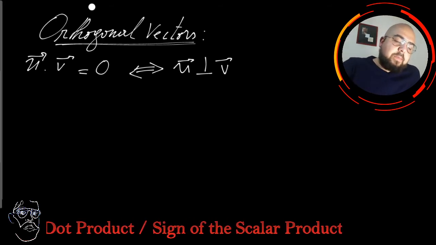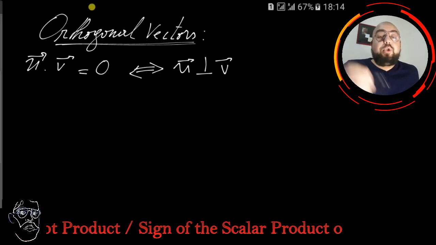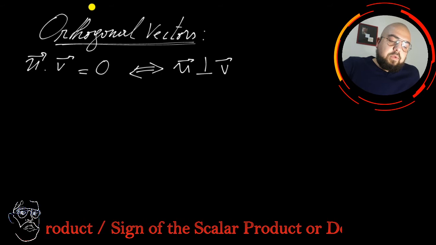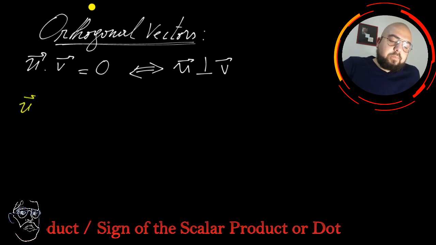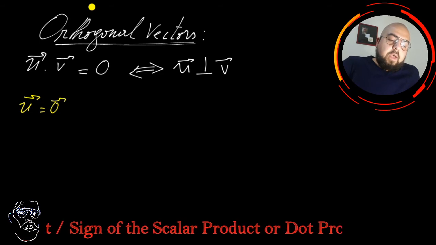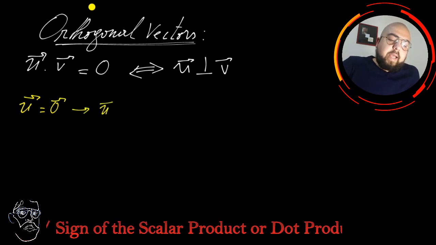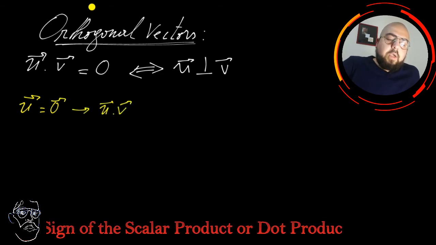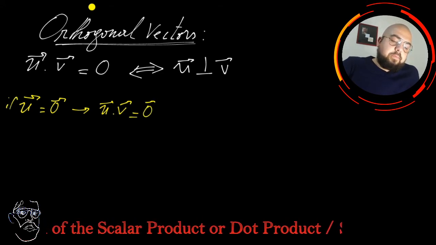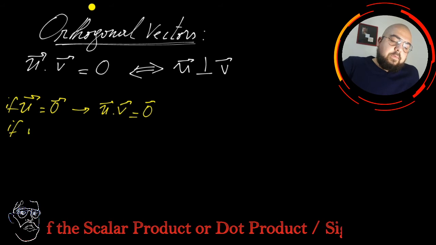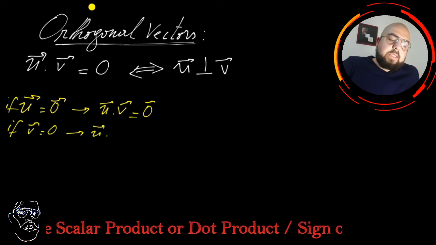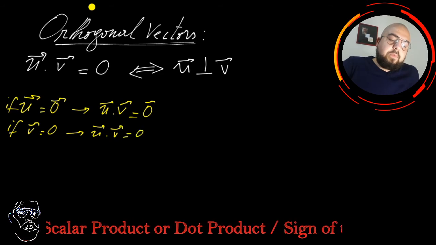Now, there are some important cases which we should pay attention to mainly. If we have u is equal to 0, and I want to calculate u scalar v, it will be 0. Or if v is equal to 0, again, u scalar v is equal to 0.